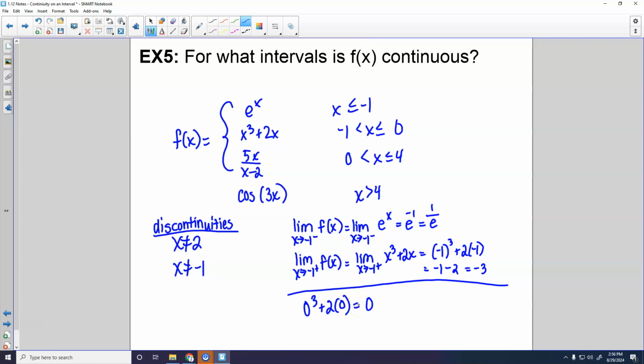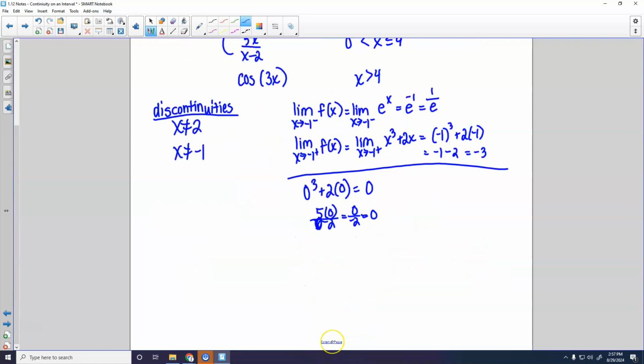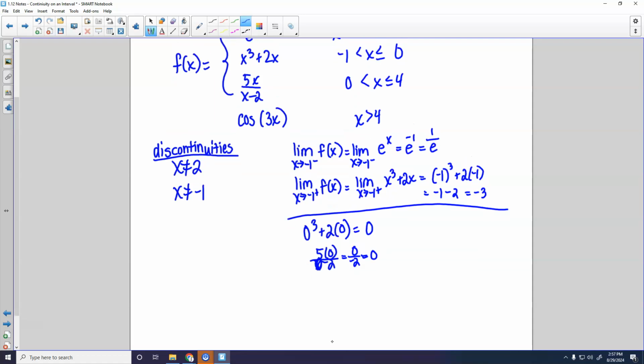So that would be my limit as x approaches 0 from the left. And then for the other, I would do 5 times 0 over 0 minus 2, which gives me 0 over -2, also equals 0. Does my limit exist there? Do I have at least one or equal to sign? I do. So it's continuous at 0, right? So I don't have to include that in my discontinuities.